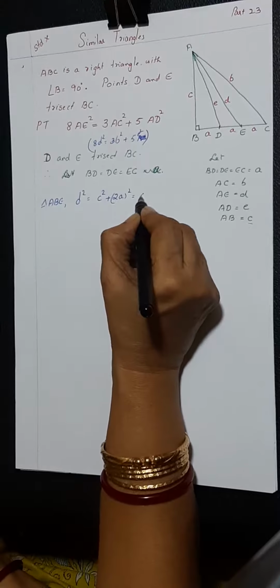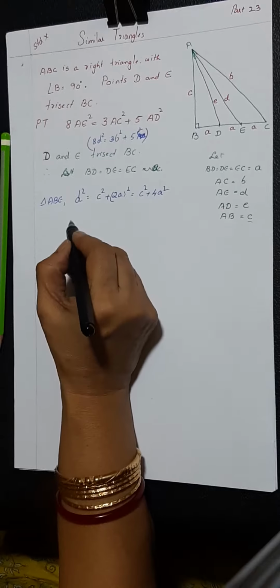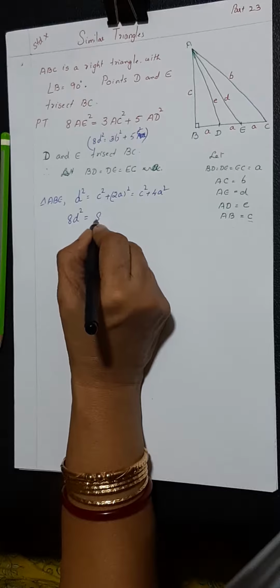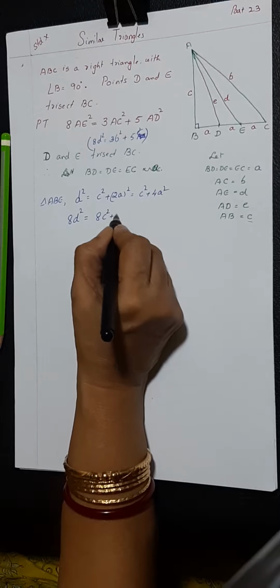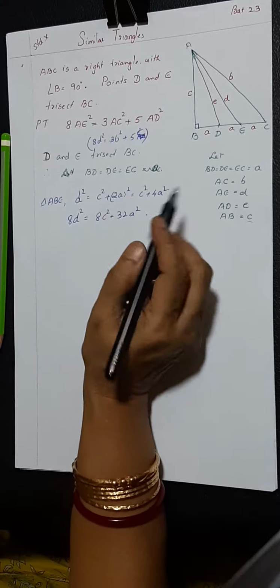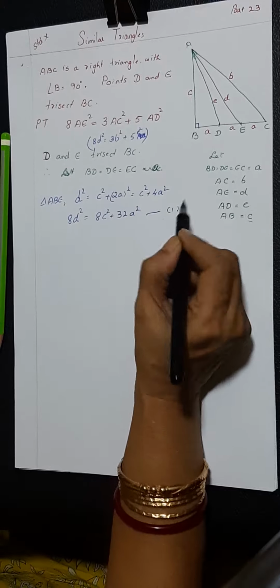So that is BC squared plus 4A squared. So we need 8AE squared, so let us multiply with 8. So this will become 8BC squared plus 32A squared. So this is equation 1.